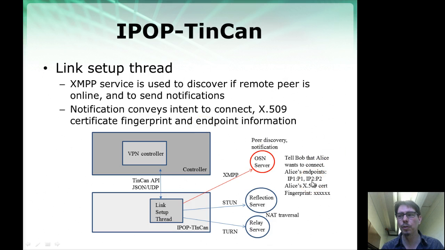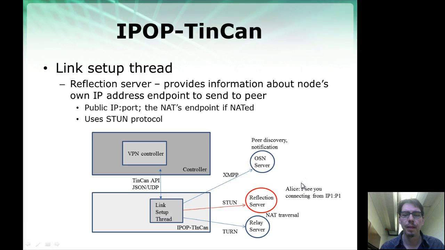This is going to be used when Bob and Alice try to negotiate a link. They're going to exchange certificates, and the fingerprint will allow Alice and Bob to determine that they are really who they're claiming to be. So XMPP is used to send this relatively small message with this information: the endpoints, the intent to connect, and the fingerprint.